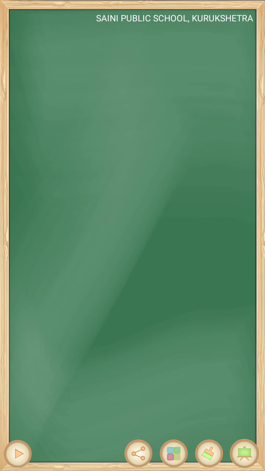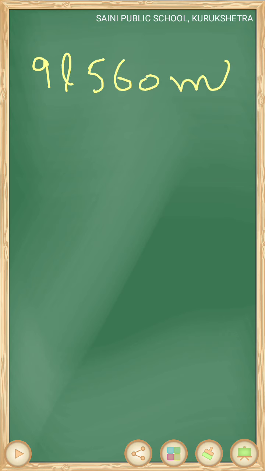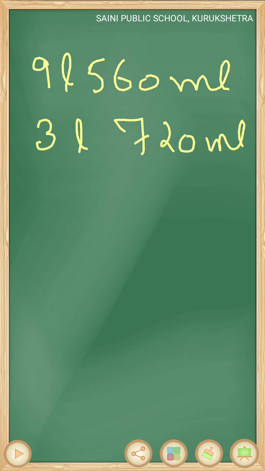Now let us discuss another example. Suppose we want to add 9 liter 560 milliliter and 3 liter 720 milliliter. Again in the same way, first of all write the units liter and milliliter. Now write the numbers according to their units.